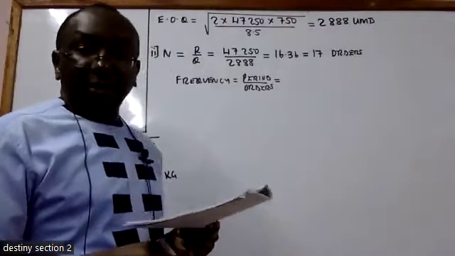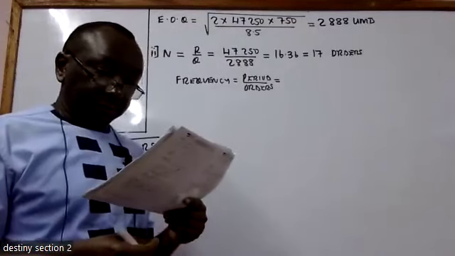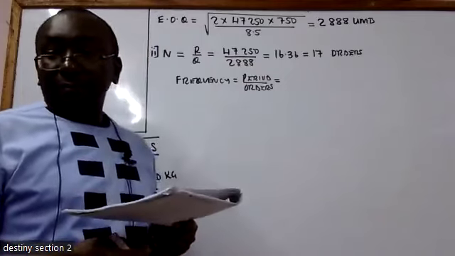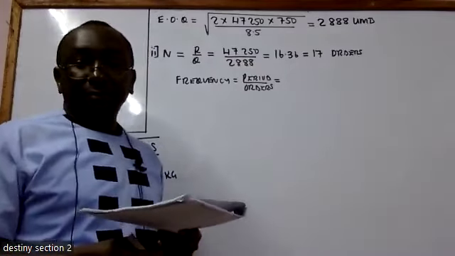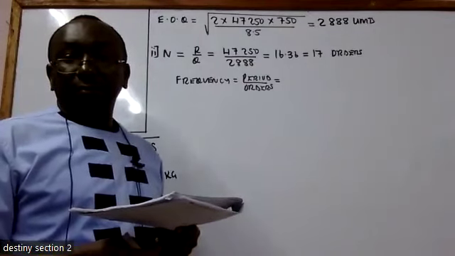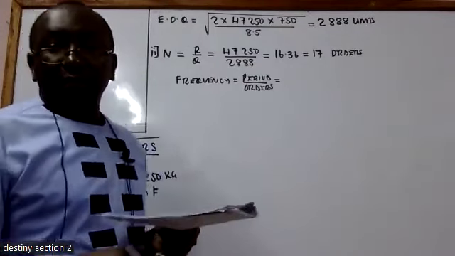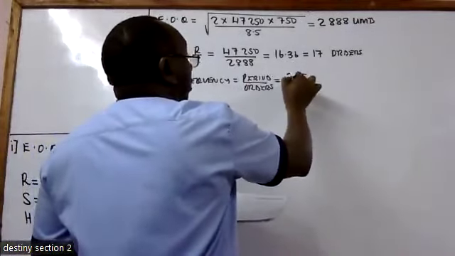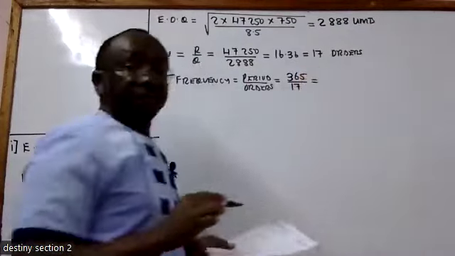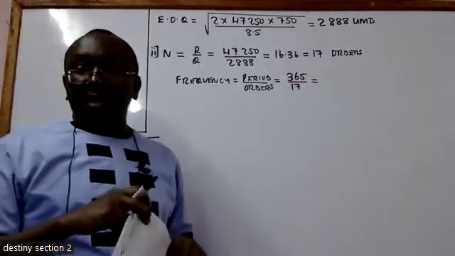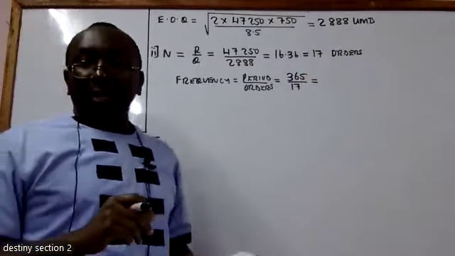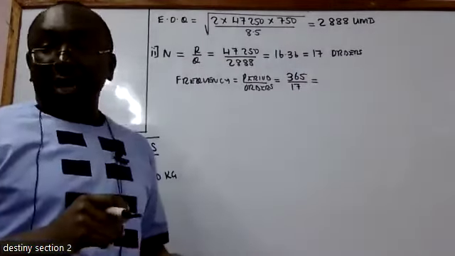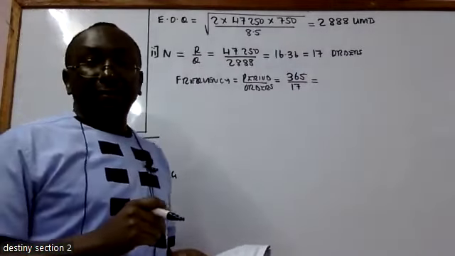So do you want us to use days or weeks? The examiner has not come out clearly. What do you want? So if it is days, then you take 365 and divide by 17, assuming that is the maximum number of days. But kama examiner angekuwa amekwambia any other number of days or weeks or months, you use that. So divide that.